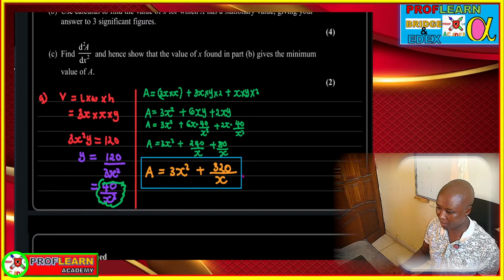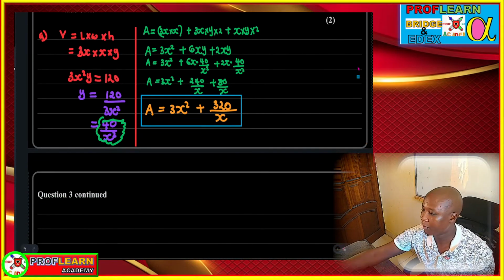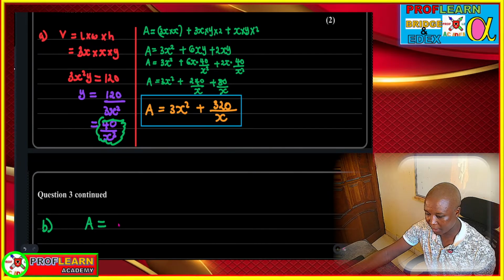So in order to use calculus for part B, we appreciate that area is given by the expression 3x squared plus 320x to the power negative 1.